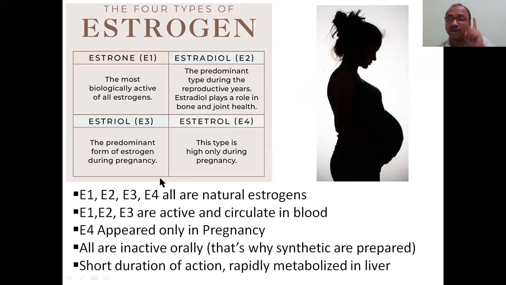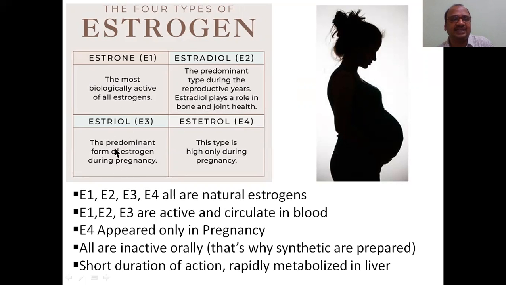E2 is dominant. It plays a role in bone and joint health. Joints are very important for humans. Bones especially are losing calcium like anything. That's why they need calcium in high quantity.